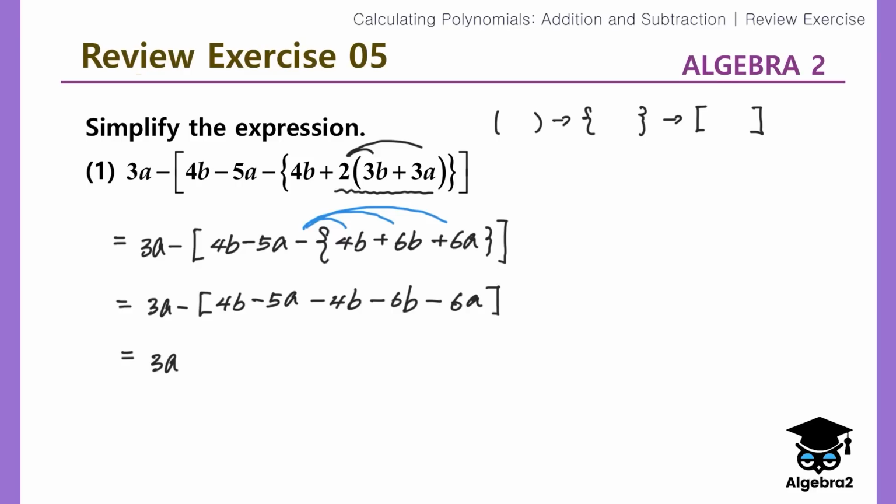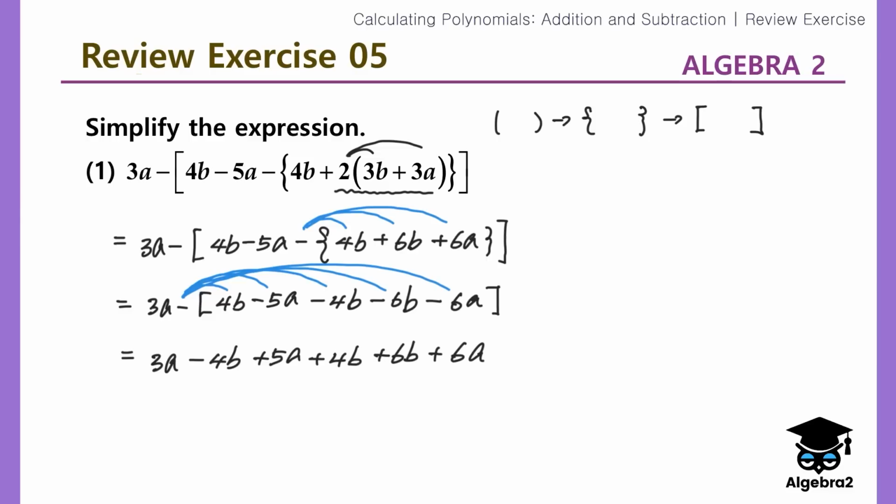So 3a, again, minus times 4b, minus times minus 5a. You know, this minus applies to all of these terms inside of the bracket. So that's going to be minus 4b plus 5a plus 4b plus 6b plus 6a.